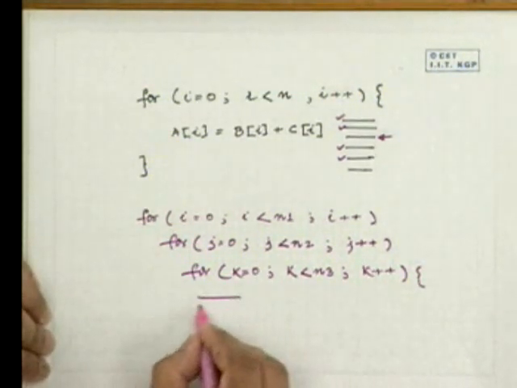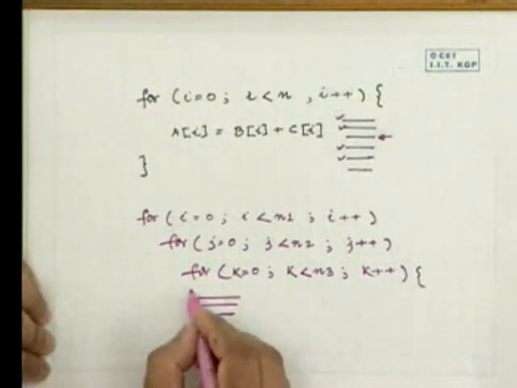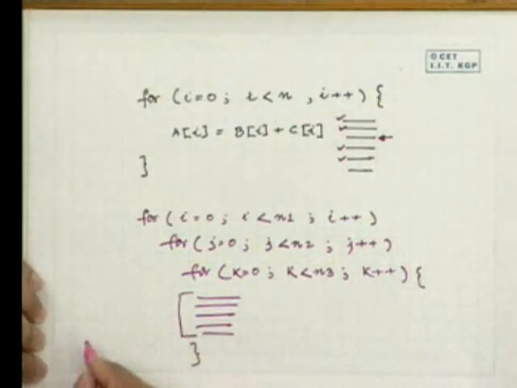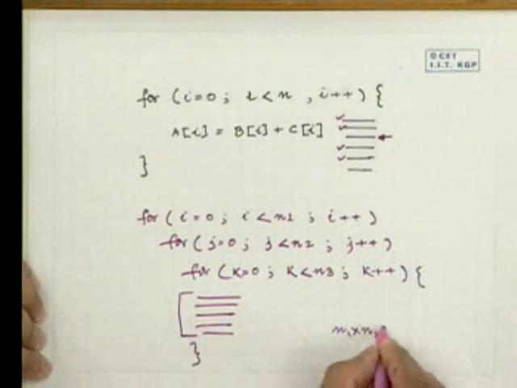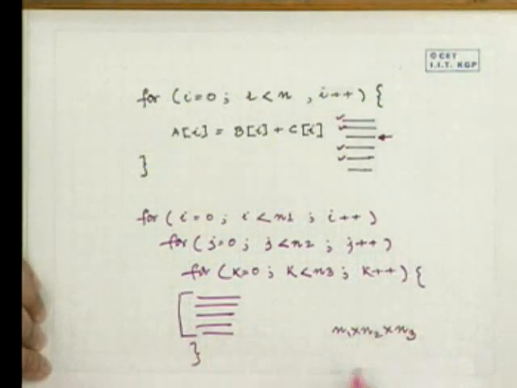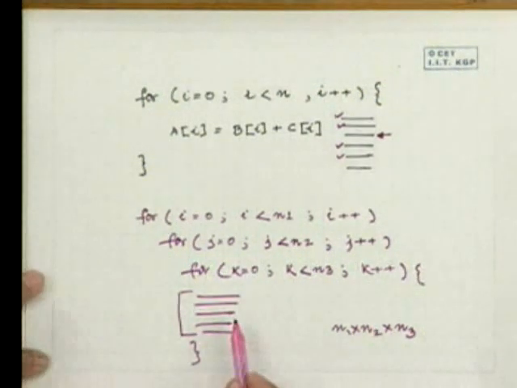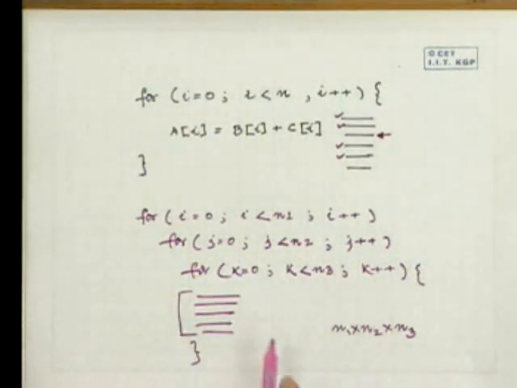Then whatever the instructions here are, this innermost loop will be executed 1 into n2 into n3 times. And you see immediately that the locality concept turns out to be applicable very strongly, right?